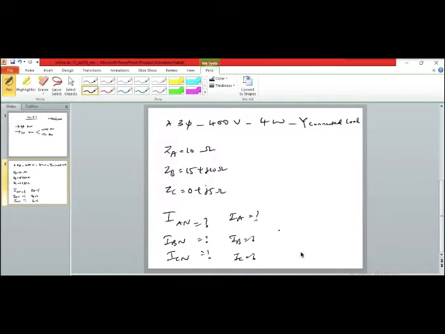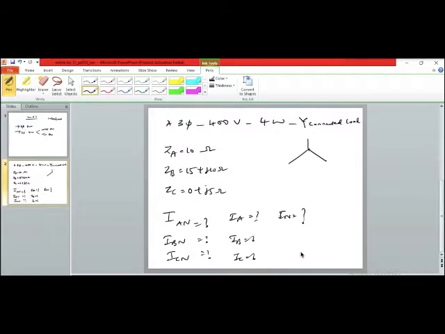Okay, and also you are supposed to find the neutral current IN. So this is what is given. You are supposed to find the line currents in the network, and also the neutral current.